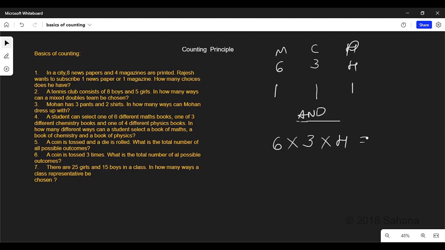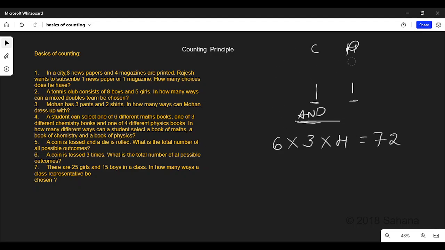So he has 72 options. See here it is and, and he has to choose one math book, one chemistry book, and one physics book, so you need to multiply all the options.